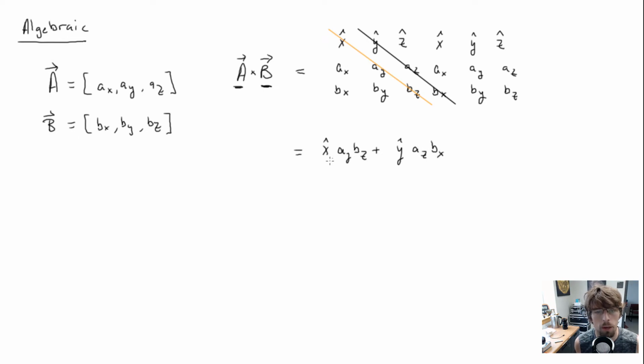Of course, these are simple multiplications, so you can swap them around if you prefer. Third one, remember to change the color again: Z hat, AX, BY. This is why I repeated the matrix; drawing the diagonal lines helps visually to see it a little bit better.